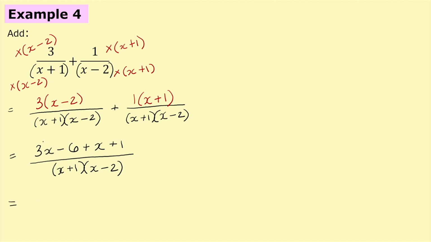Then we need to collect like terms, so 3x plus x gives us 4x, and then negative 6 add 1 gives us negative 5, all over x plus 1, x subtract 2, and you can just leave it like that.